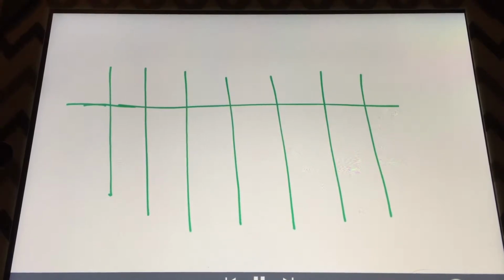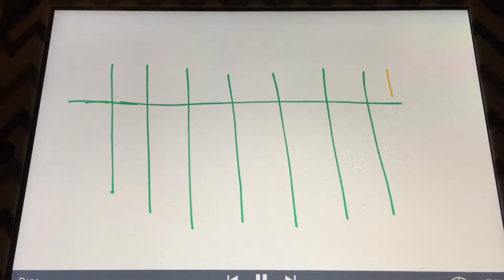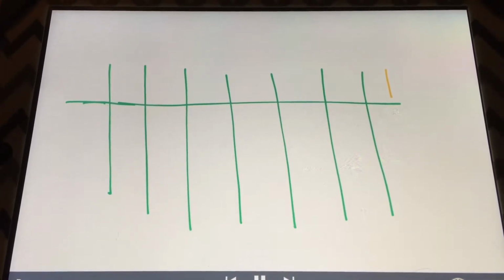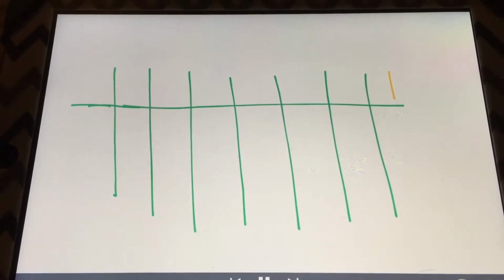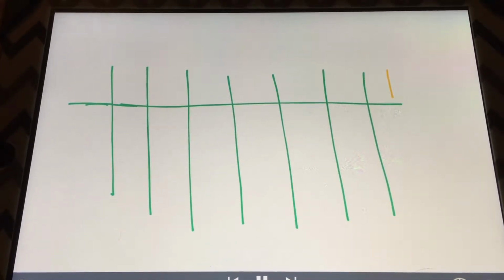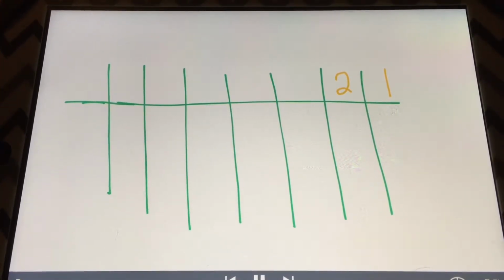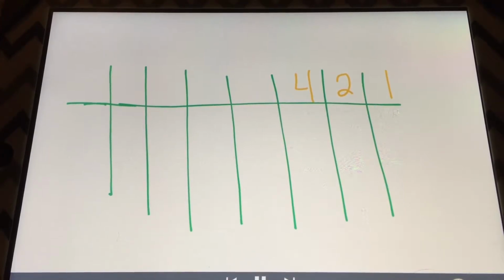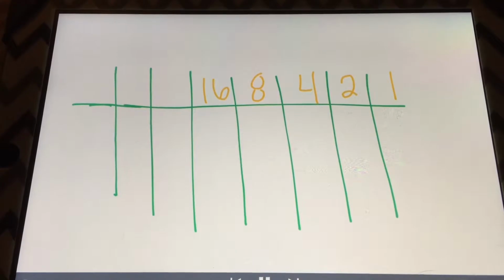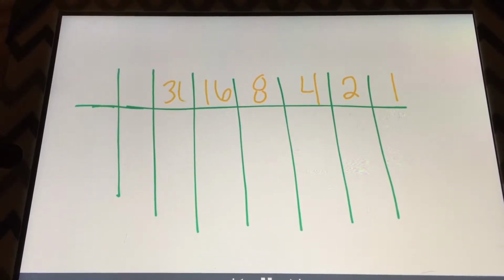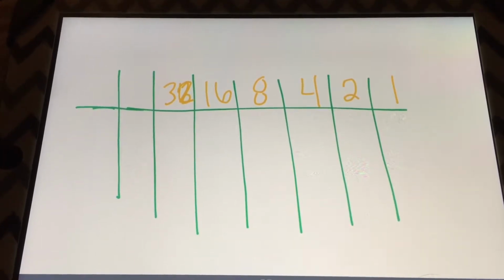So in the ones place, we're going to have a 1. If we are in base 2, what would the next slot be? You're going to multiply by 2. 2. What's 2 times 2? 4. 4 times 2? 8. 8 times 2? 16. 16 times 2? 32. 32 times 2? 64.